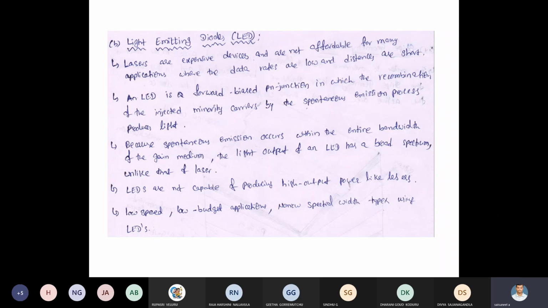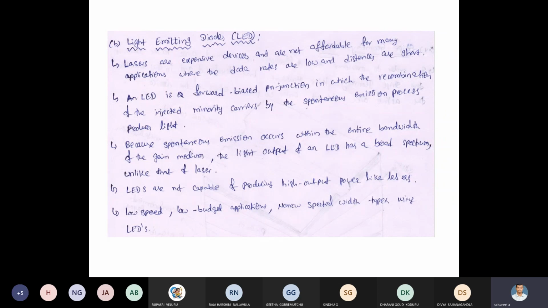Based on cost, a laser is higher cost compared to an LED. LEDs are not capable of producing high output power like lasers. Lasers give high power, while LEDs are used for low speed, low budget applications and narrow spectral width.